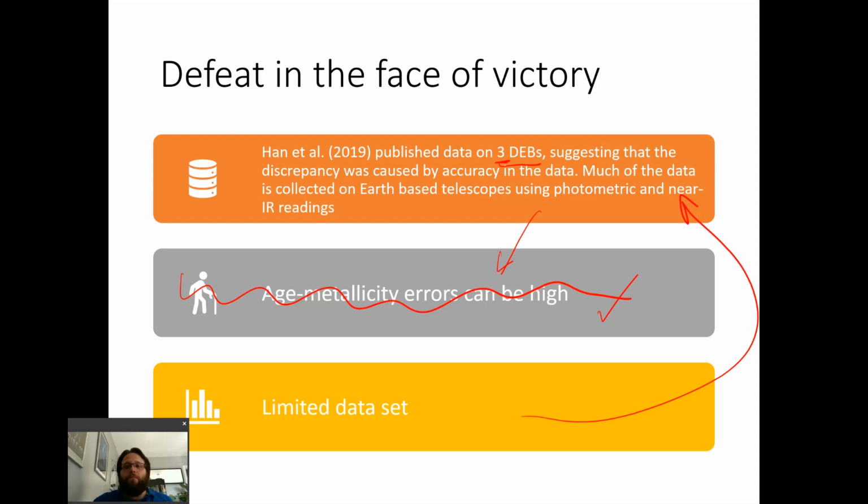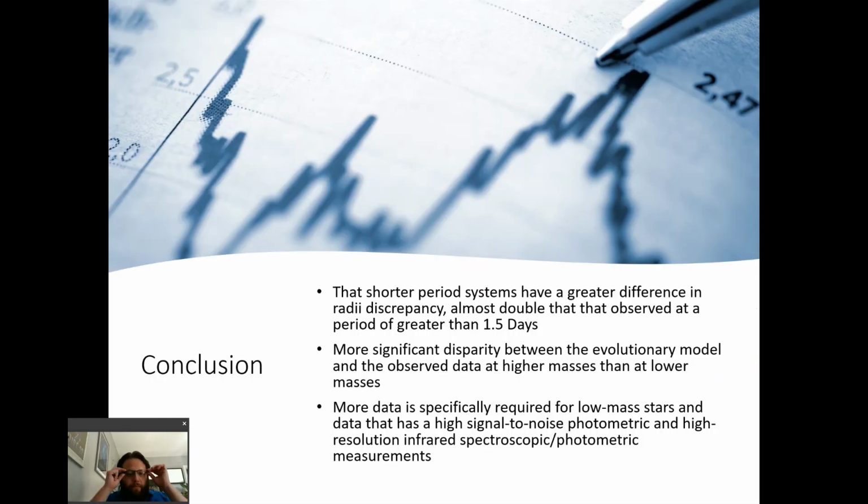So, in conclusion, what I discovered was that there was a more significant disparity at short period orbiting binaries, and in fact we saw almost double the difference in the radii than we observed at periods greater than 1.5 days.